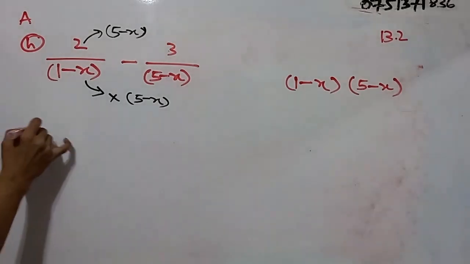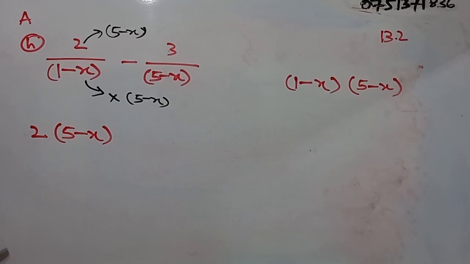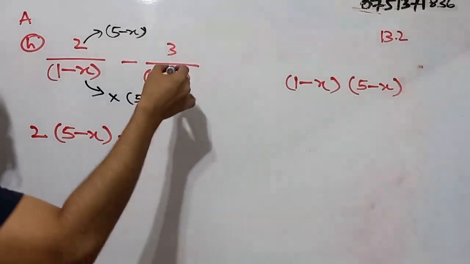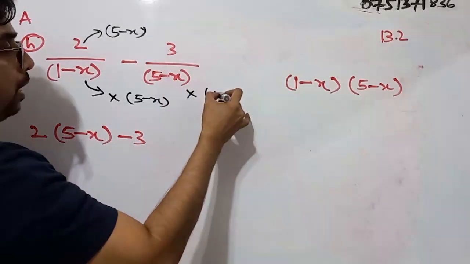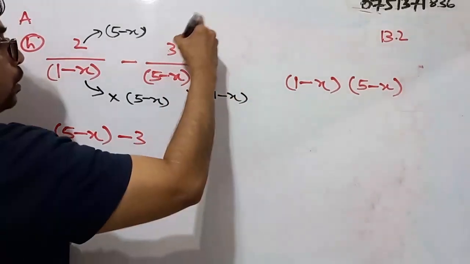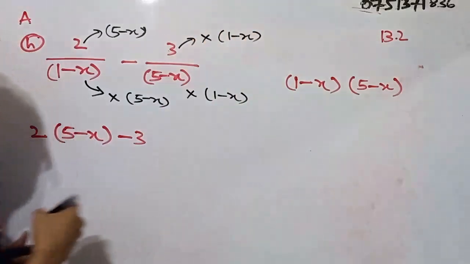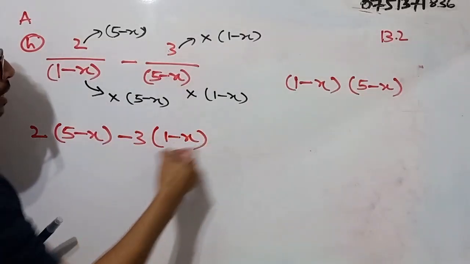So we will write it 2 within brackets 5 minus x. Right. Then minus 3. So here 5 minus x must be multiplied by what? It must be multiplied by 1 minus x. So this should be multiplied by 1 minus x as well. So 3 into 1 minus x.